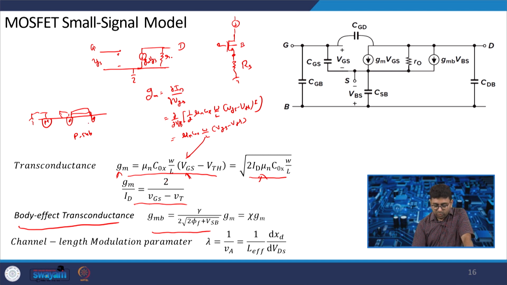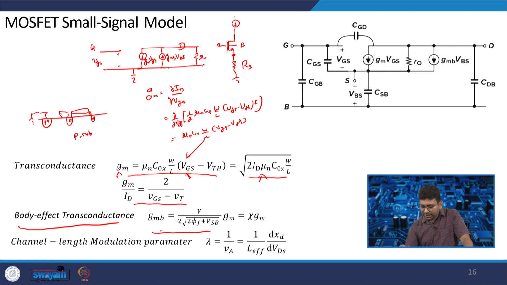That will also add the GMB, which is why GMB comes into the picture, and in this model we should also consider GMB into VBS, that is the body to source voltage, and then there is an RO.